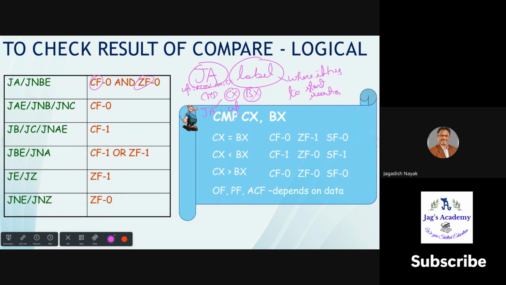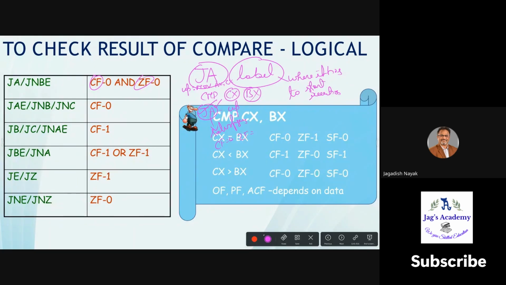Satisfying this condition means your CF should be 0 and the zero flag should also be 0. Jump on above means this result is greater than this; it is not equal, it is above. So if CX is greater than BX, it will satisfy this, go to up, and start executing from that place. It will jump its execution to this place.